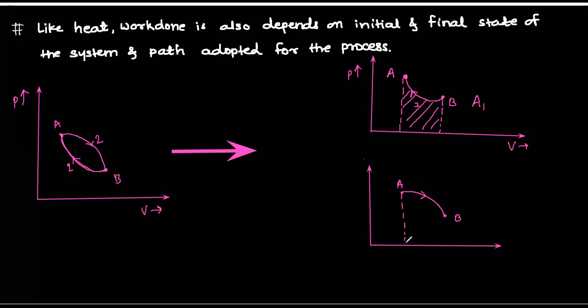So this is the area. Now tell me which area will be more. Suppose this is A2, the area for this second path. Then you can see here A2 will be greater than A1, and therefore W2 will be greater than W1. That's why I am saying work depends on the initial and final states of the system, as well as the path adopted for the process. So note down this.